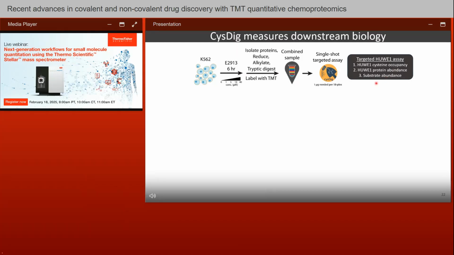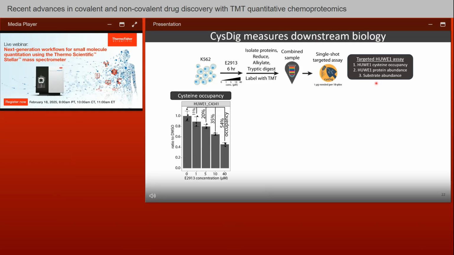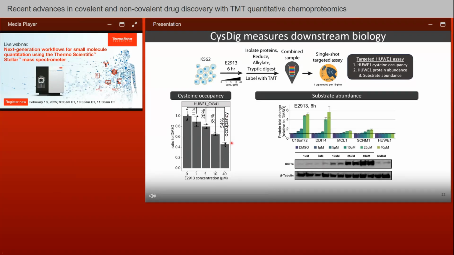The hypothesis was that if we can bind to the cysteine, which is the active site cysteine, that should abolish its bioactivity, so all the substrates will no longer get degraded. With increasing concentration, we see an increase in the occupancy, and also as we expected, we inhibit the E3 ligase activity. We're seeing increasing abundance of the substrates because they are no longer getting degraded.